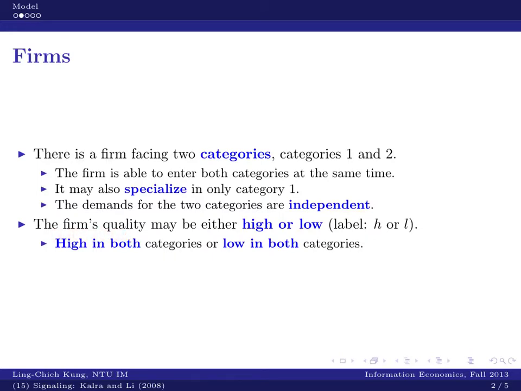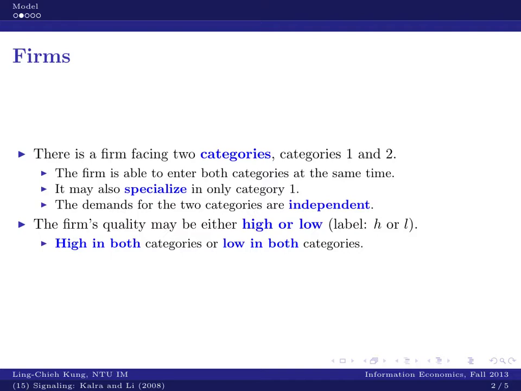The firm has the quality for the products or the services, and the quality may be either high or low. Here we assume that if the quality is high in one category, it will also be high in another category. So we are saying that if one guy is good in doing one thing, he's also good in doing another thing, right?